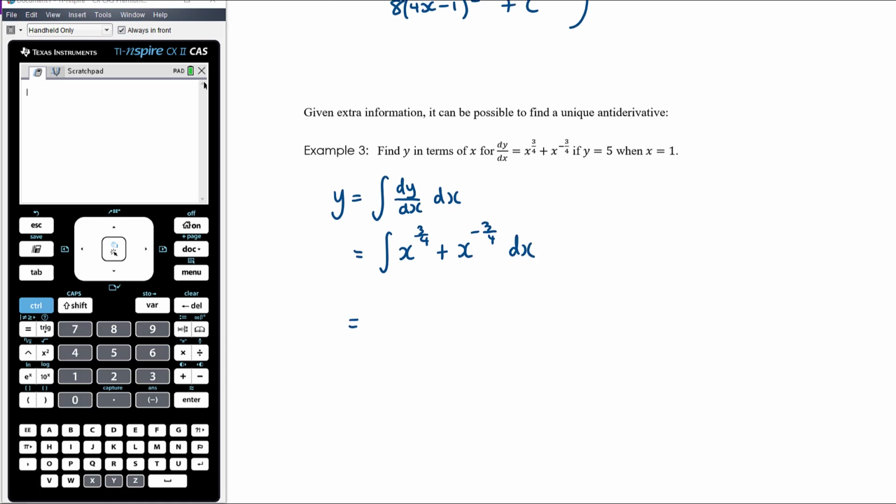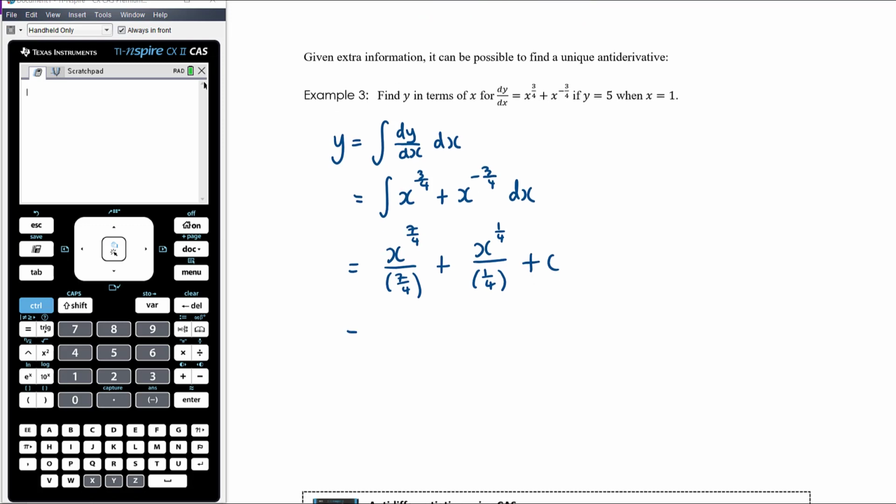So adding 1 to 3/4 is 3/4 plus 4/4, so 7/4. And then we have to divide by 7/4 plus adding 1 to negative 3/4, so negative 3/4 plus 4/4 is positive 1/4, dividing by 1/4, and then we've got plus c.